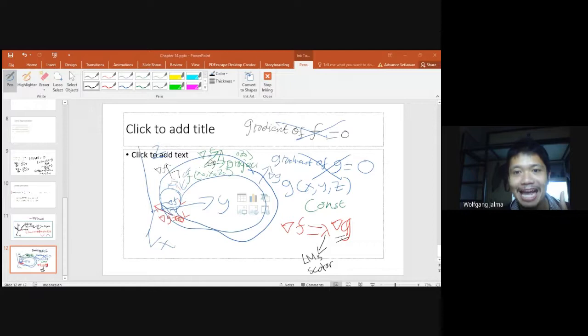yes, at that point both the gradient of the function and the gradient of the constraint have the same direction. We call the point the extreme point, but the multiplier, yeah, so got it. The comparison between the constraint gradient and the function gradient, we call it the Lagrange multiplier.